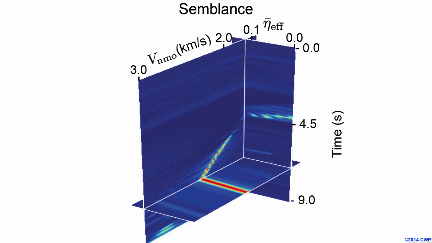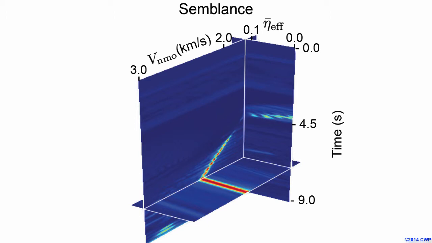And those higher values of semblance correspond to more correct values of VNMO and eta. But you notice that on the horizontal slice, there's a trade-off between VNMO and eta, which tends to increase with depth, and it becomes more difficult to estimate VNMO and eta with depth. And our solution will help with that.